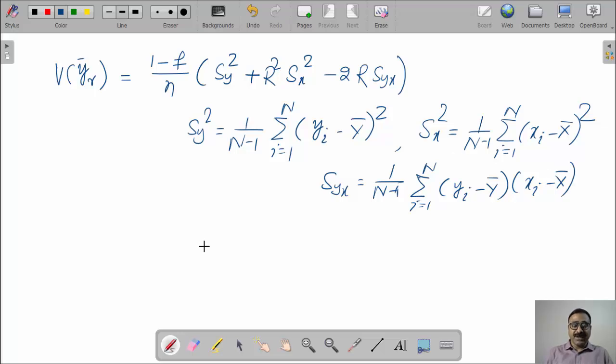Now, using these values, we can get another expression for the variance of y R bar, which is easy to compute.